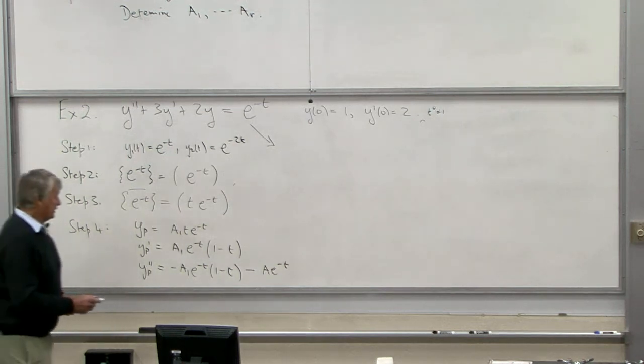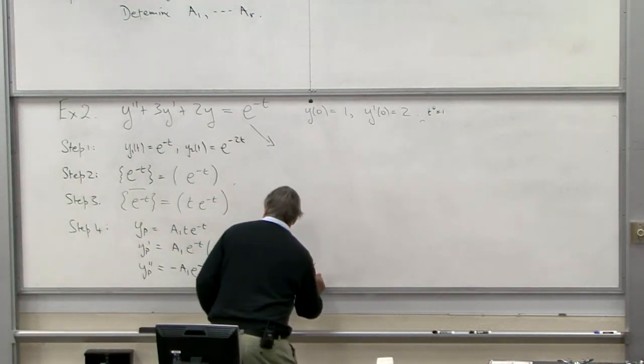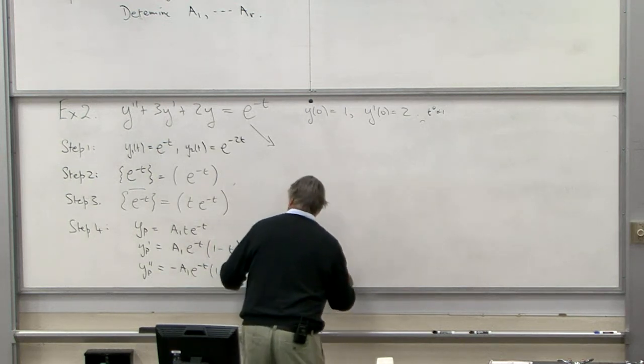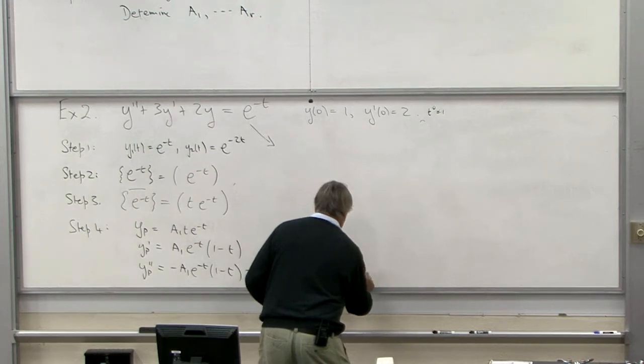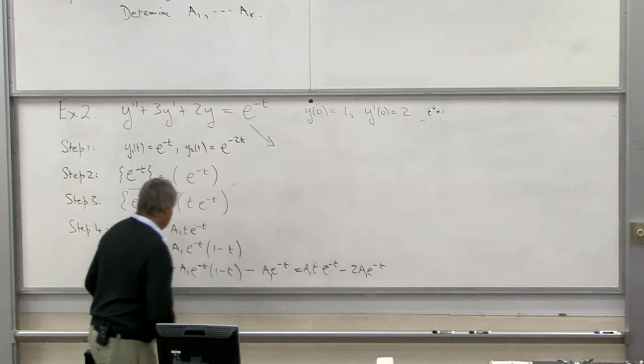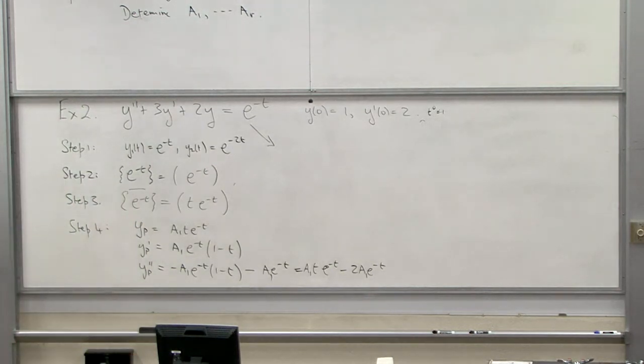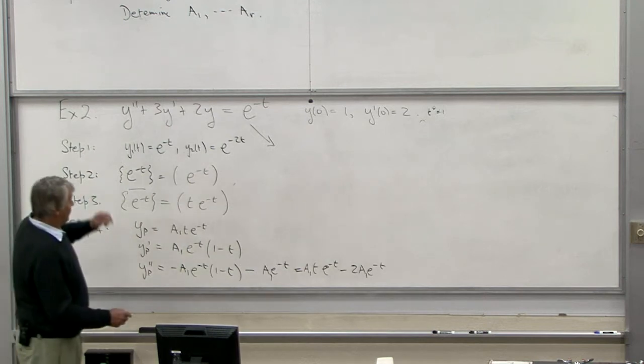Okay, so this is equal to a1 times t e to the minus t minus 2a1 e to the minus t. I need a1 there. Okay, now substitute it into the equation.